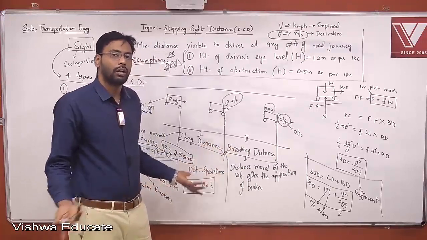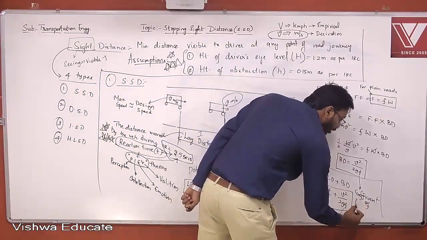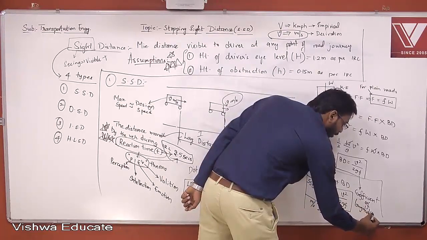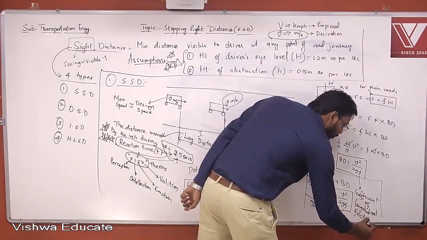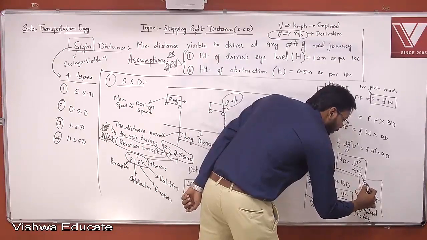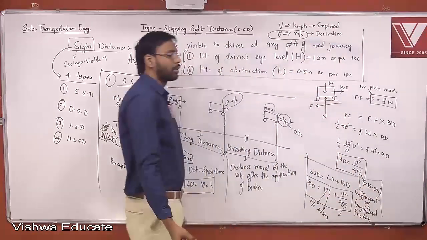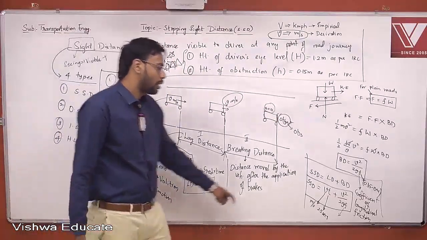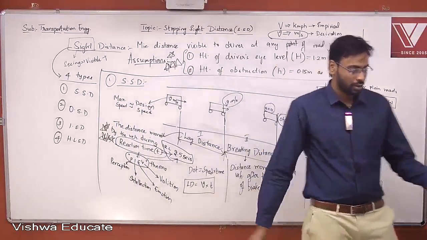Coefficient of longitudinal friction, right? This we have already discussed. How much is its value? Its value varies from 0.35 to 0.4, right? So this is what SSD is. So please note it down for 3 minutes.